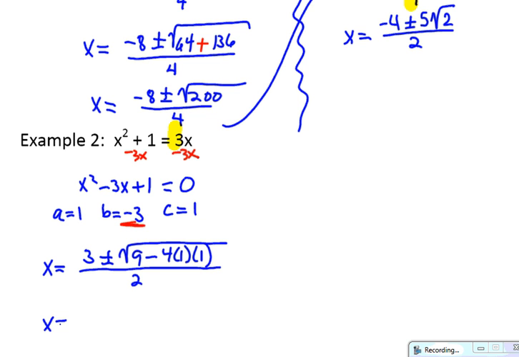So x is equal to 3 plus or minus the square root of 9 minus 4, so 5, all over 2. Square root of 5 won't simplify, and I don't see anything that can reduce. So there I have it. That's my answer. We have one last one.